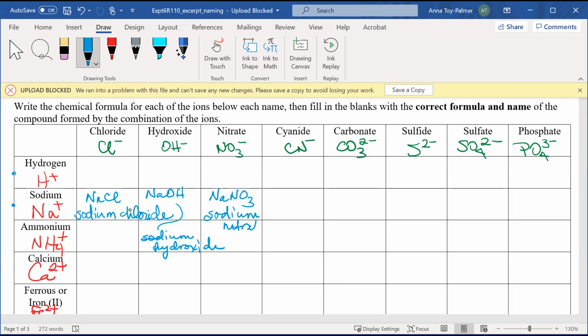When you get to your compounds that are a -2, how many sodium ions do I need to make it charge neutral? I need 2 of them, right? Because this is a +1 and that's a -2. So make sure you put the appropriate number to make it charge neutral.